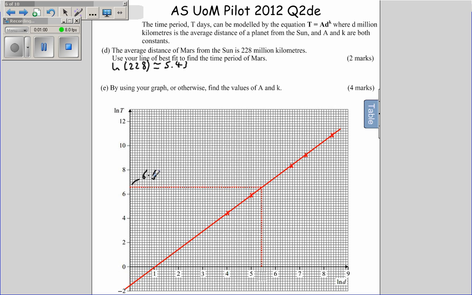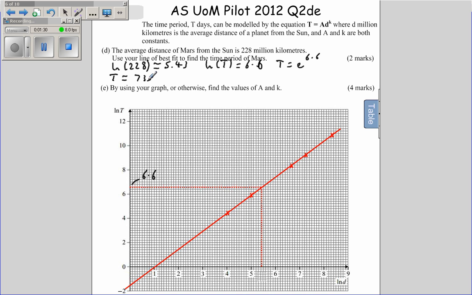So what we're saying is ln of t equals 6.6. To actually find the value of t, we can say t equals e to the 6.6. So t is approximately equal to 735.